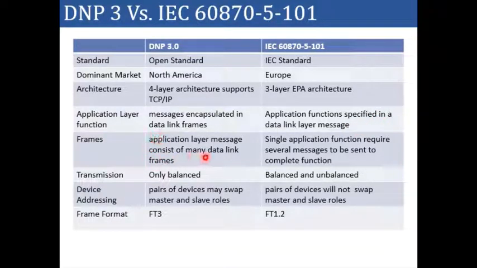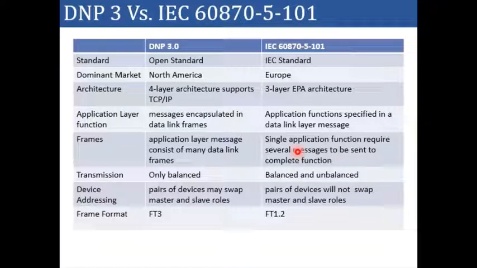In case of DNP3, the application layer message consists of many data link frames because we fragment the data at the transport as well as data link layer level into multiple data frames. While in case of 101, since we do not have a transport layer, we cannot fragment the data.